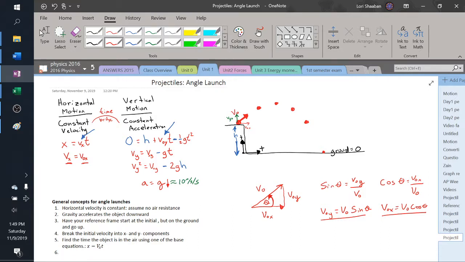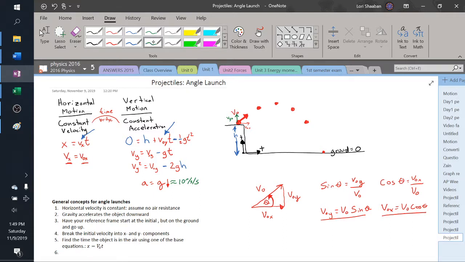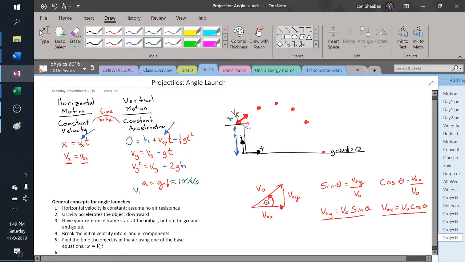So we now have ways to write these out, so we're going to add those to our equation. Let's add them down here. Initial velocity in the y direction is v naught sine theta, and initial velocity in the x direction is v naught cosine theta. I don't typically put these then into this equation here. It would just get messy.